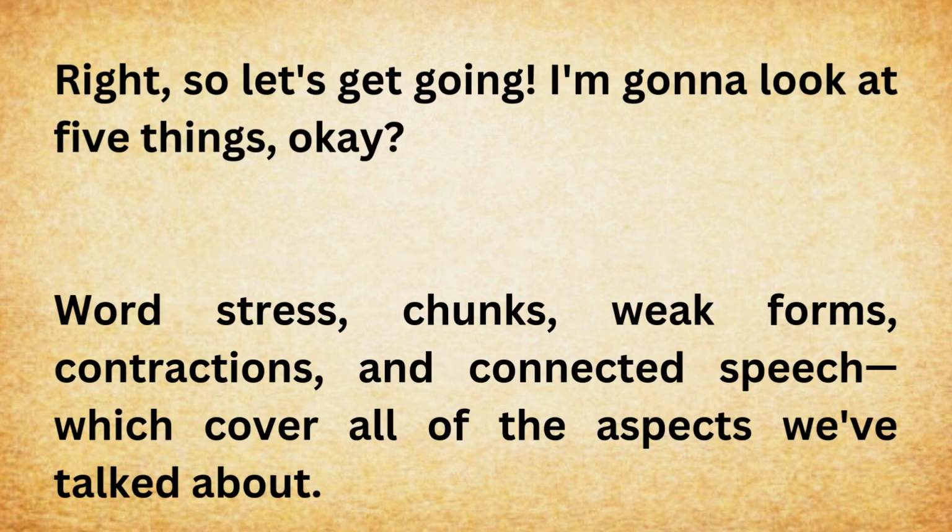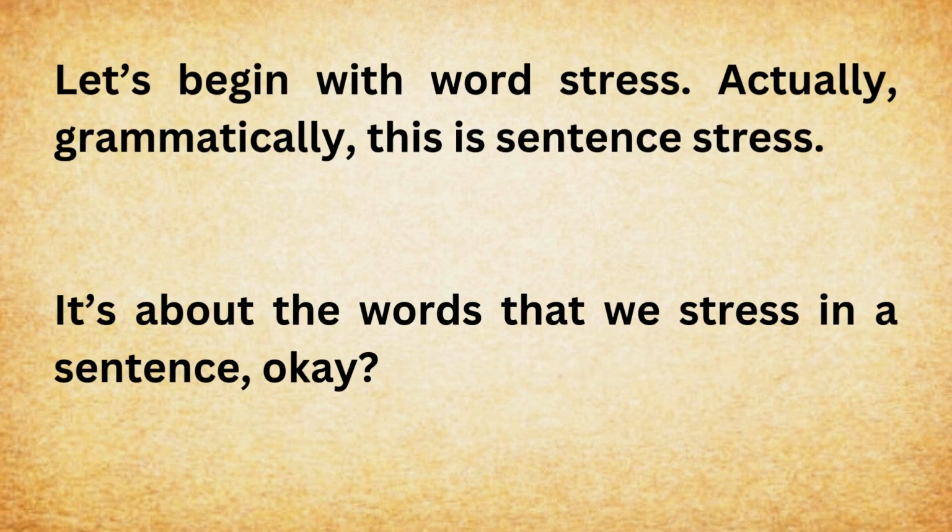I'm going to look at 5 things, okay? Word stress, chunks, weak forms, contractions, and connected speech, which cover all of the aspects we've talked about. Let's begin with word stress. Actually, grammatically, this is sentence stress.